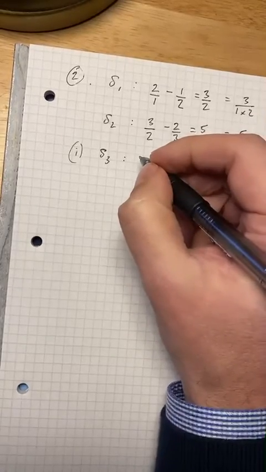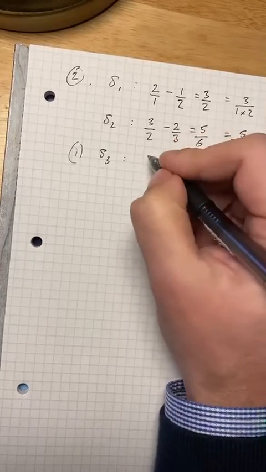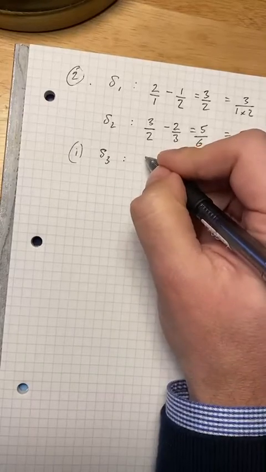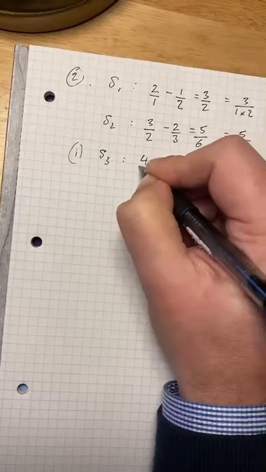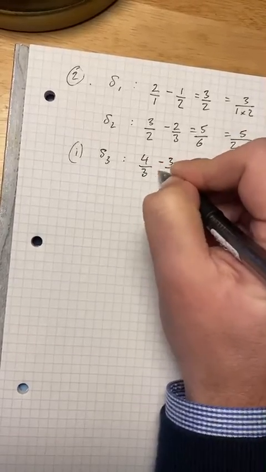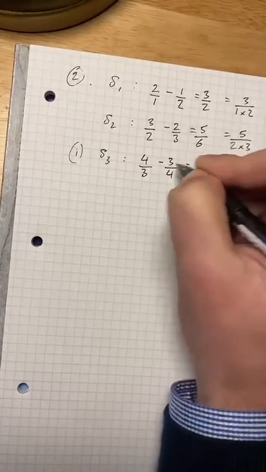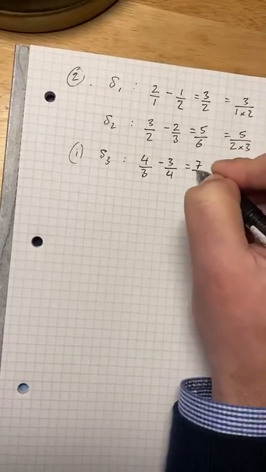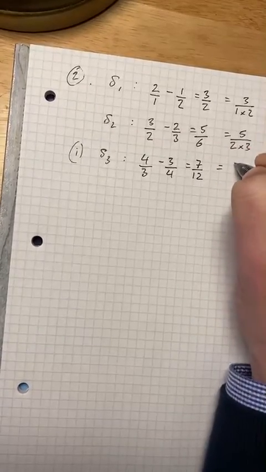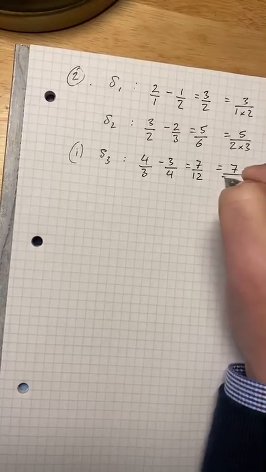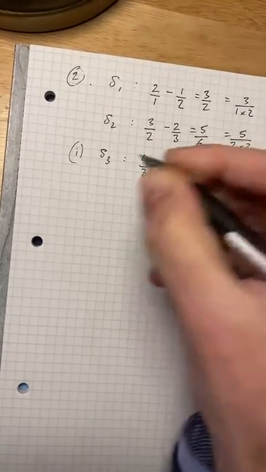So we can say S3 is going to be 4 over 3 minus 3 over 4. So add them, it is 7 twelfths, which is 7 over 3 times 4.